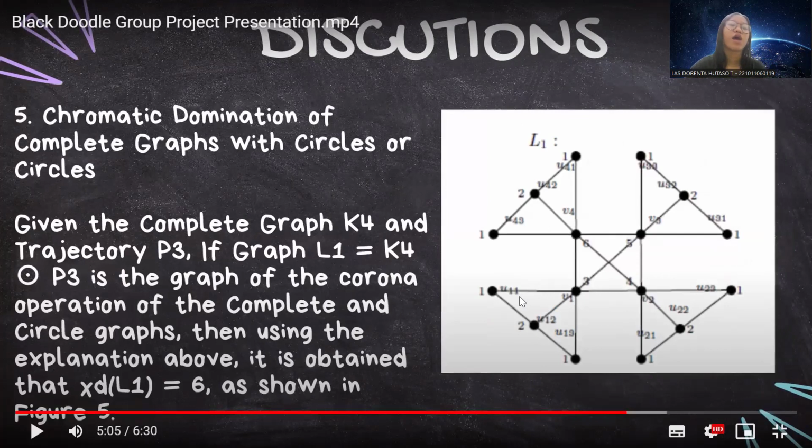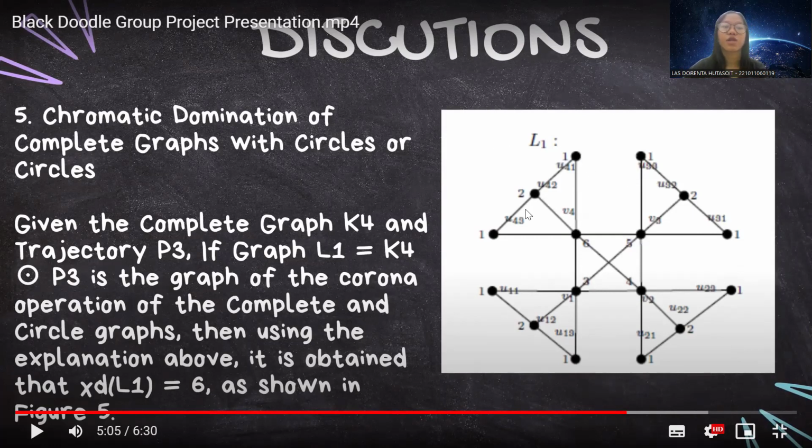And number 5, chromatic domination of complete graph with path or circle. Given the complete graph Q4 and path P3, if graph L1 equals Q4 ∘ P3 is the graph of the corona operation of the complete and path graphs, then using the explanation above, it is obtained that χD(L1) equals 6 as shown in figure 5.